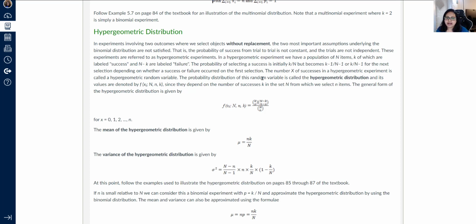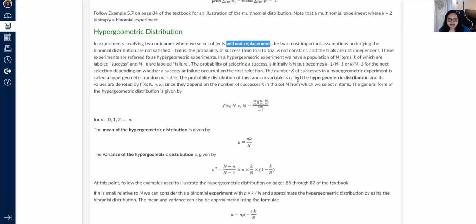So they are dependent. Previously the probability in the binomial distribution was the same, but here the probability will be changing because it's without replacement. The situation changes every time.